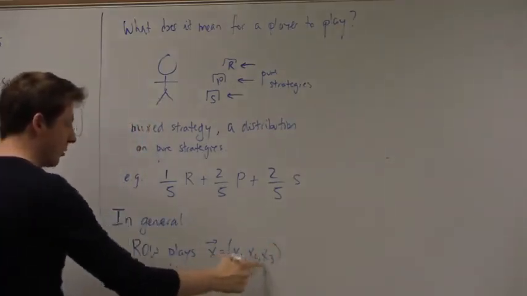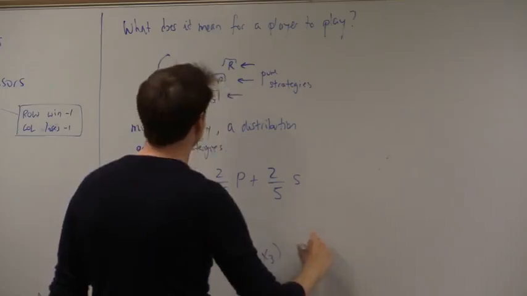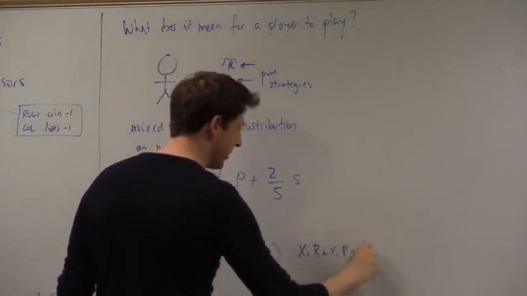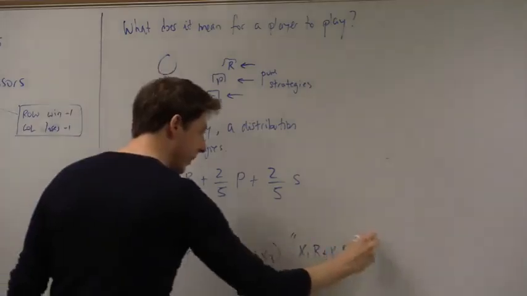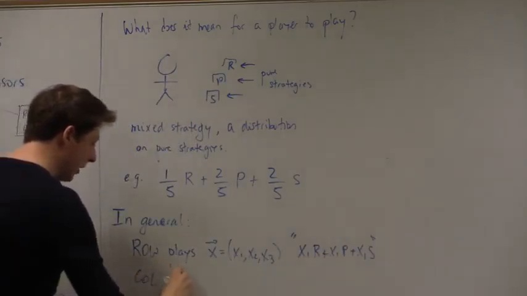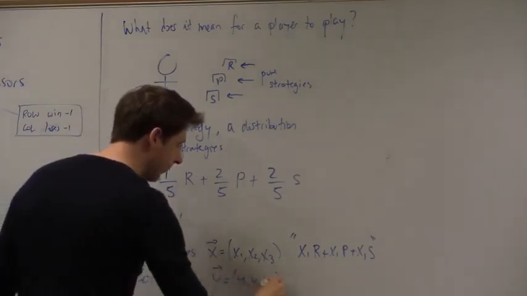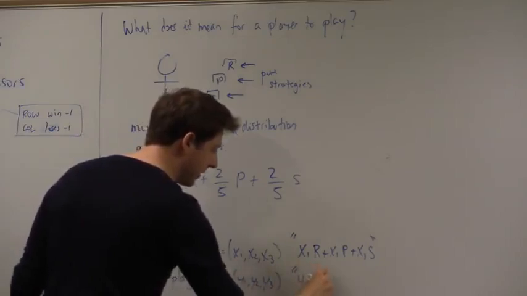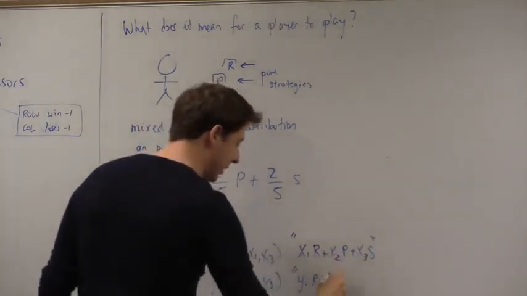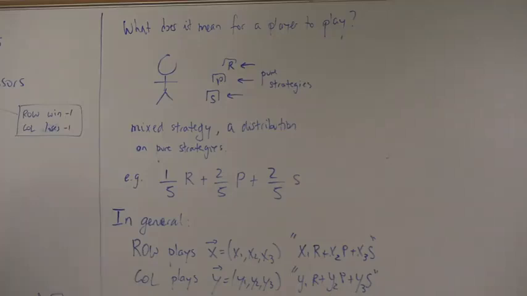These are probabilities, to mean that he's playing x1 rock plus x2 paper plus x3 scissors. And we're going to represent this mixed strategy by just a vector. And the column player is going to play a strategy y, which represents the corresponding y1 rock plus y2 paper plus y3 scissors.